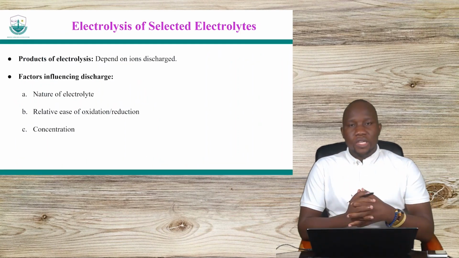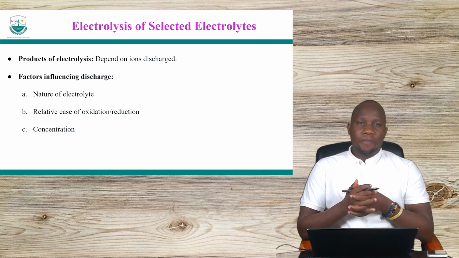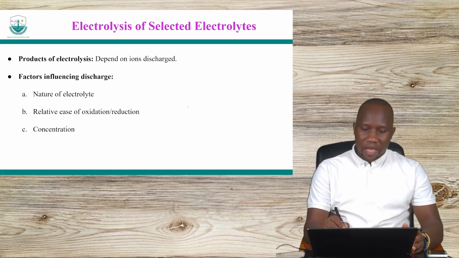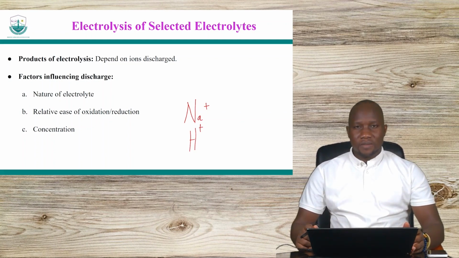So the key point here is that for you to know the products of a particular electrolytic reaction, you need to know which ions are going to be discharged. Okay, meaning that if for example you have sodium ions and hydrogen ions, one of these will be discharged.